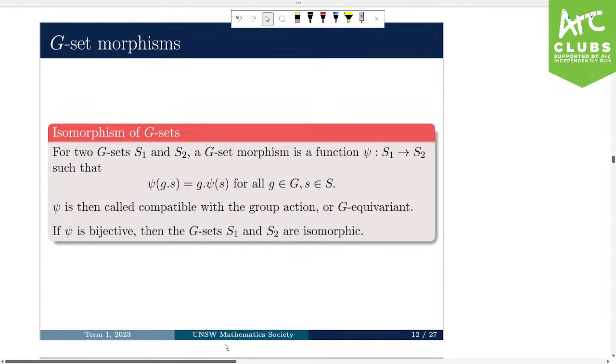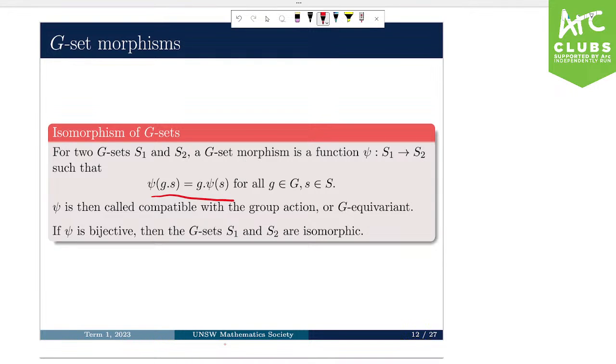Okay, now we move on to G-set morphisms. A morphism between G-sets is basically a structure-preserving map between the two sets. So it's a function phi from S1 to S2 such that this condition holds.